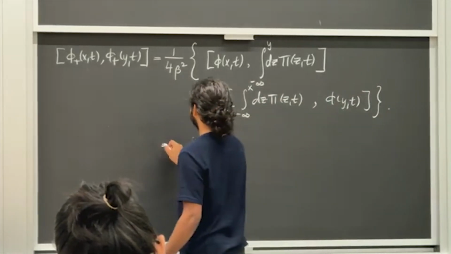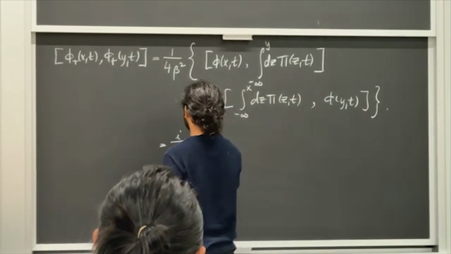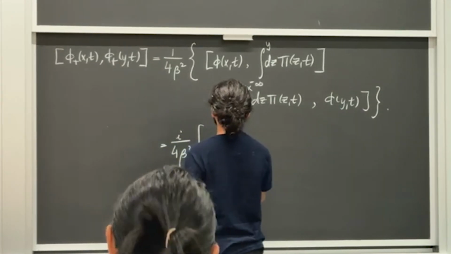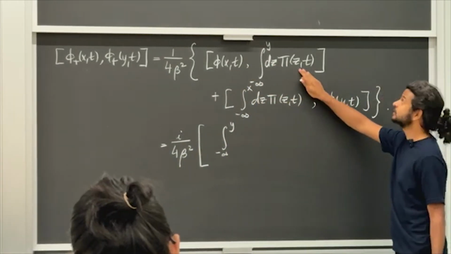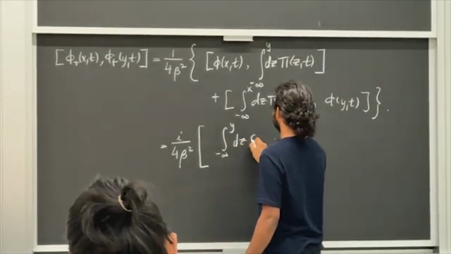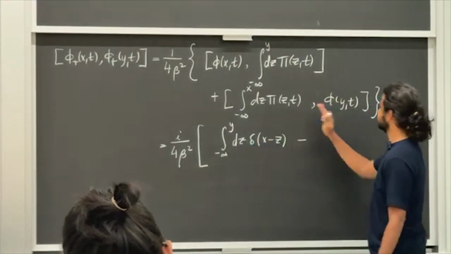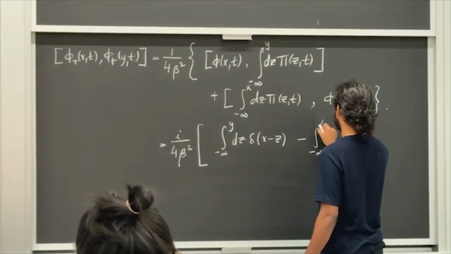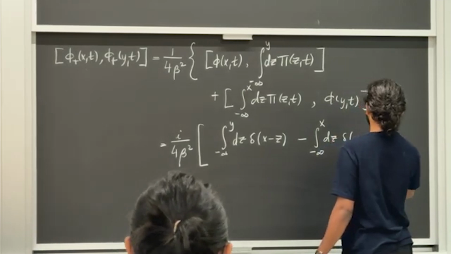So these commutators will give me an I. I'm going to pull it out already. So I by 4 beta square, and I have integral minus infinity to y dz delta x minus z, minus, because it's pi phi, integral minus infinity to x dz delta z minus y.